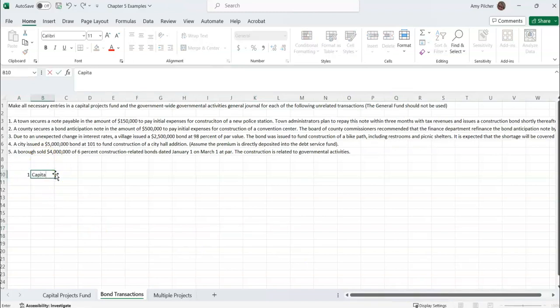First, we're going to have our capital projects fund, and we're going to receive cash. We have a notes payable, and then let's put our debit and credit.